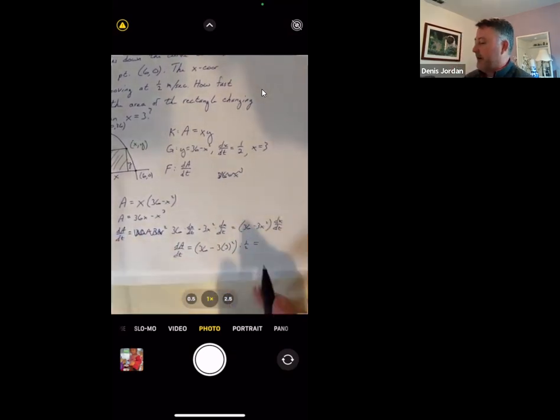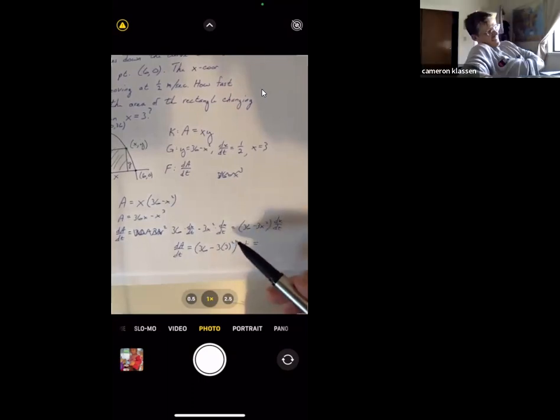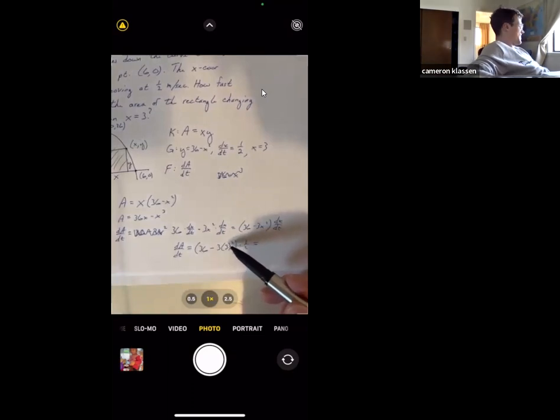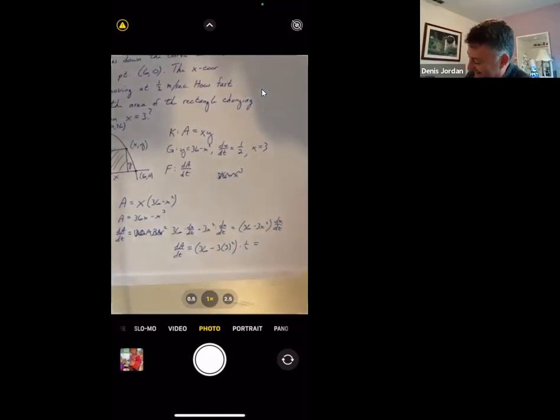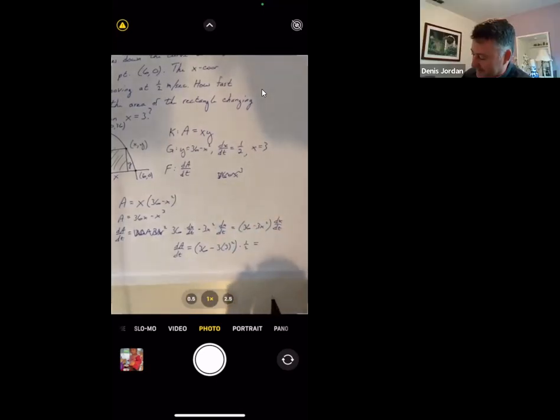Then just start working it out. 3 squared is 9. 9 times negative 3 is negative 27. 36 minus 27 is 9. 9 times a half.